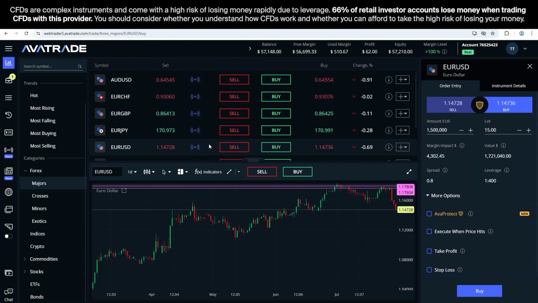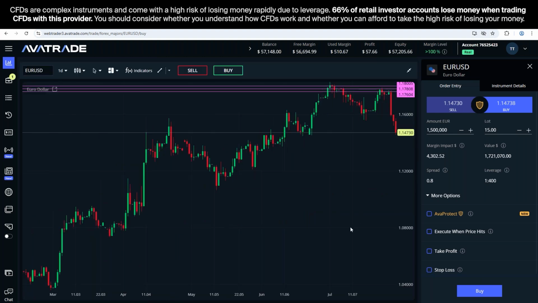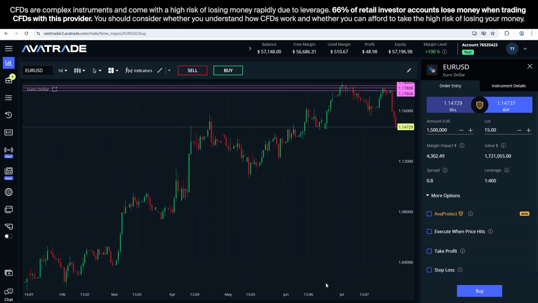And that type of talk could cause the euro to be able to bounce on this chart here. If he comes out and talks the opposite and says there's too much indecision with the tariff situation and there's no way we can cut rates yet or anytime soon, if he talked that way, then you'd likely see the USD strengthen and pull the euro down further. So this is the indecision you have when you have big announcements coming and you're not sure exactly what will be said, or in this case, what the rate decision will be.